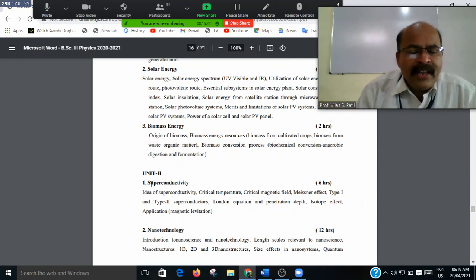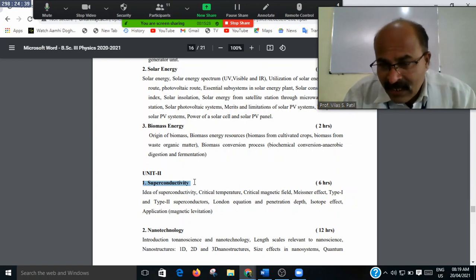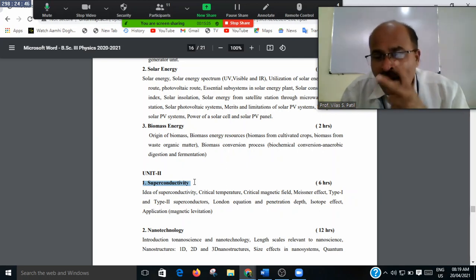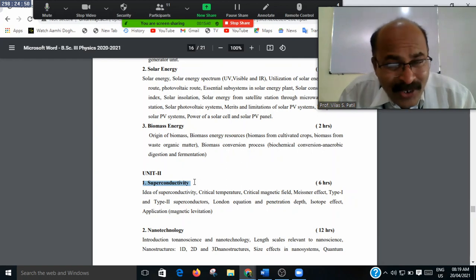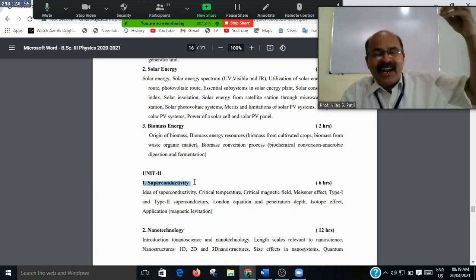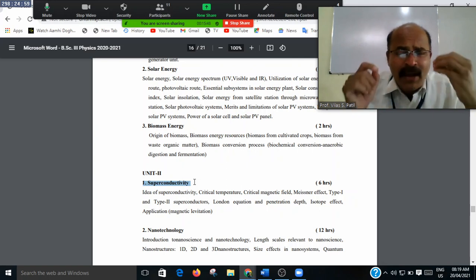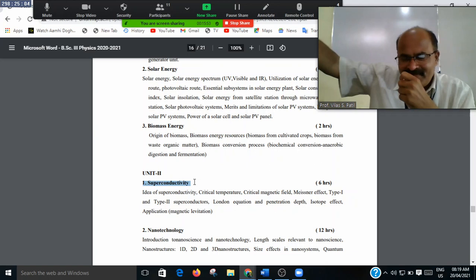Next, here in this unit, the first topic is superconductivity. This word superconductivity is a combination of two words. One is super, and super means latest, advanced, no barrier in that matter, that process.